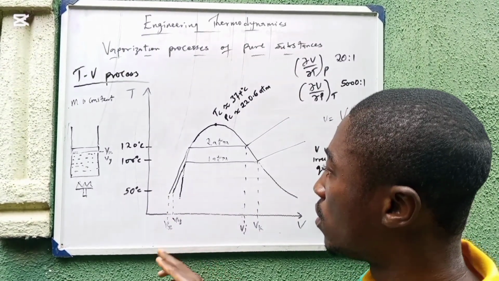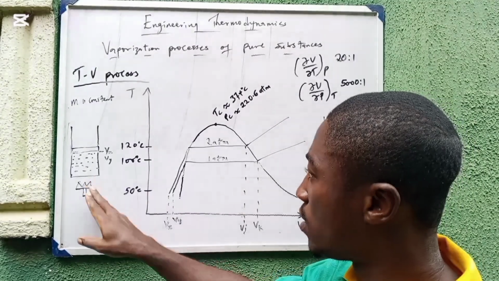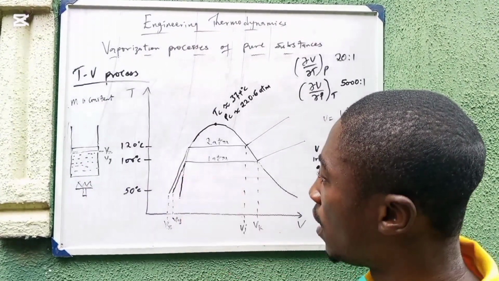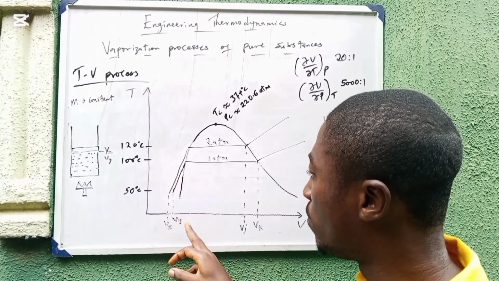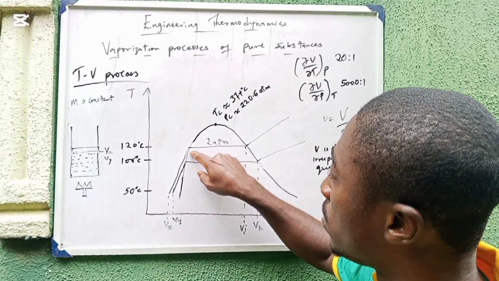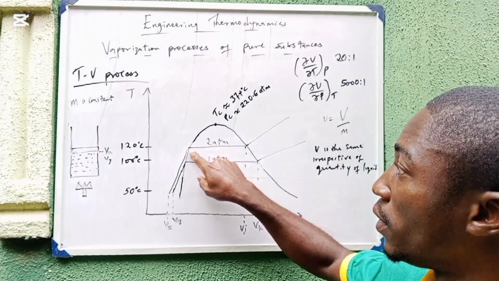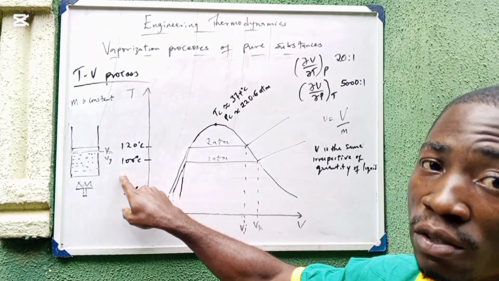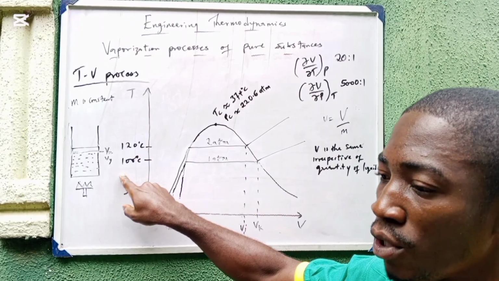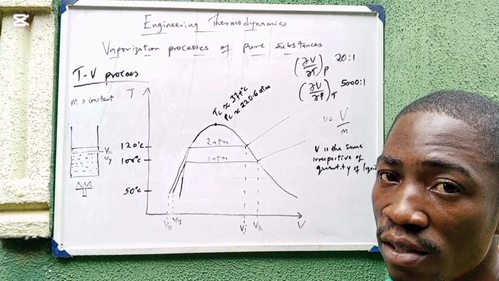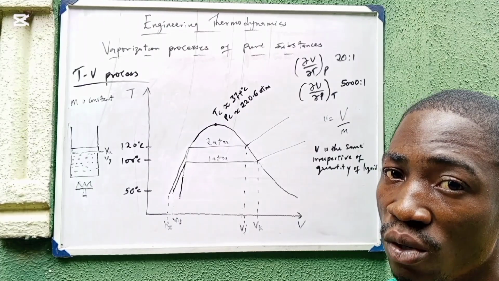So what happens? We begin to supply heat to the system. And as we are doing that, the temperature is rising. And as the temperature is rising, the volume is also what? Rising. So at this point, water begins to boil. Now, unlike when it was at 1 atm and water was boiling at 100 degrees C, if you've watched my previous video, I said as pressure is increasing, boiling point will also what?